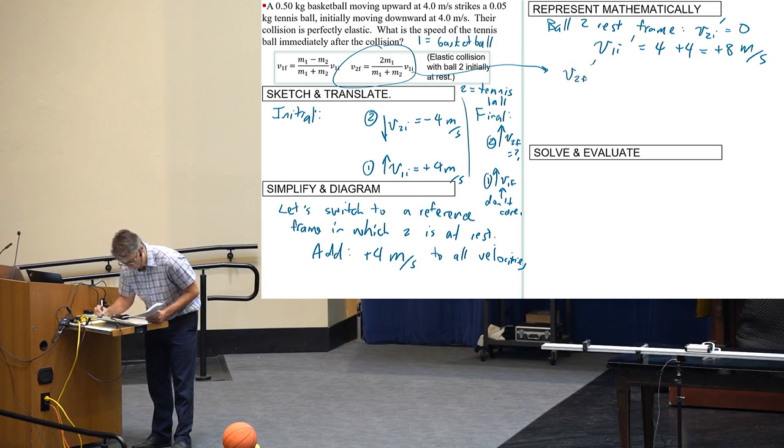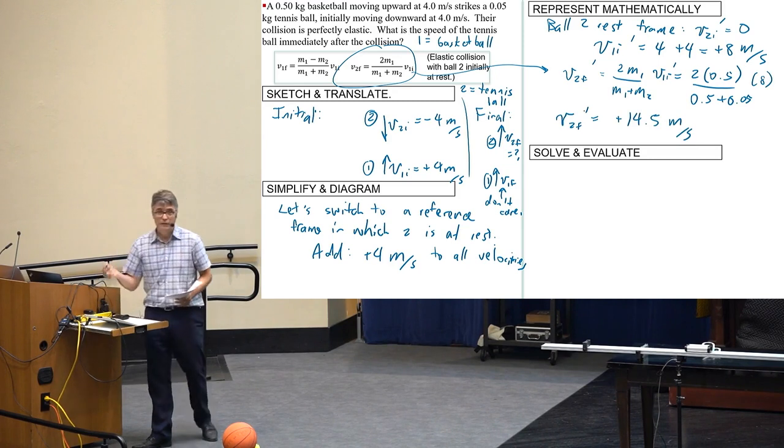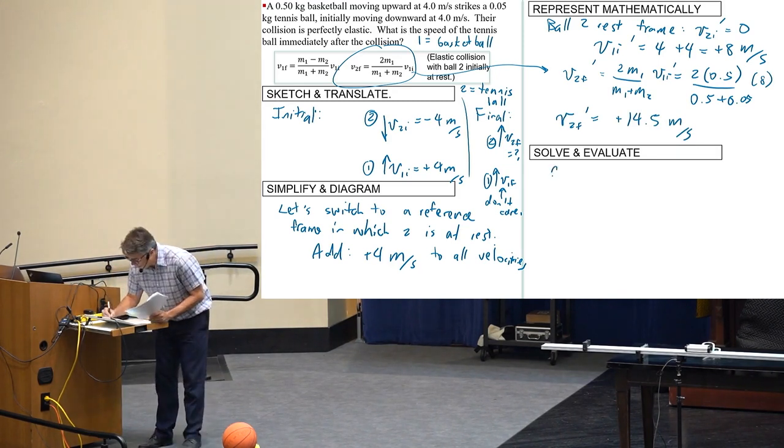V2 final, don't forget the tick mark, is equal to 2 times m1 divided by m1 plus m2, times V1 initial tick mark. So it's 2 times 0.5, divided by 0.5 plus 0.05, times 8 meters per second. I plugged it all in and got plus 14.5 meters per second. That's the velocity of the ball in this weird reference frame, and then convert back to the lab frame by subtracting the 4.